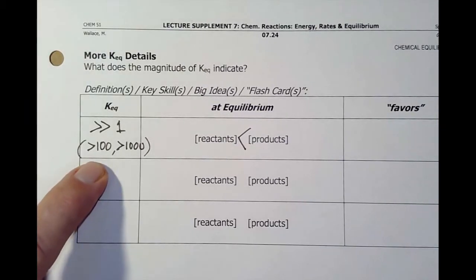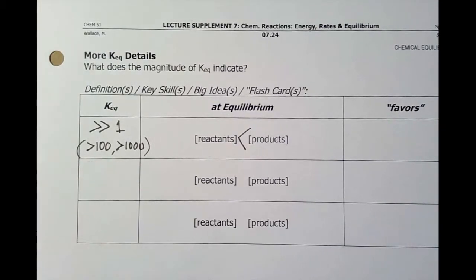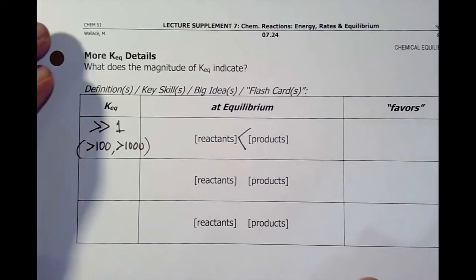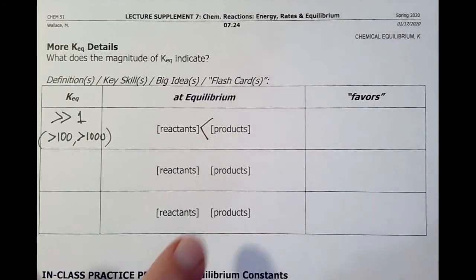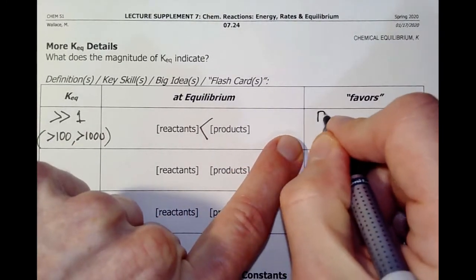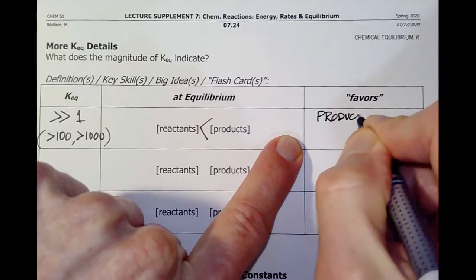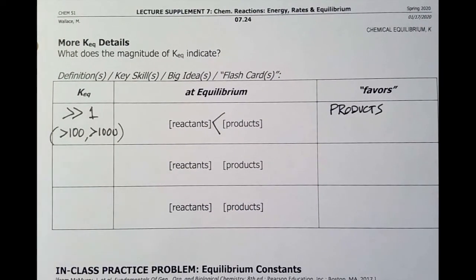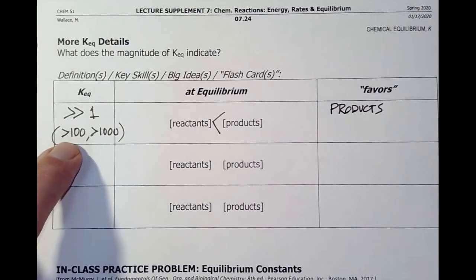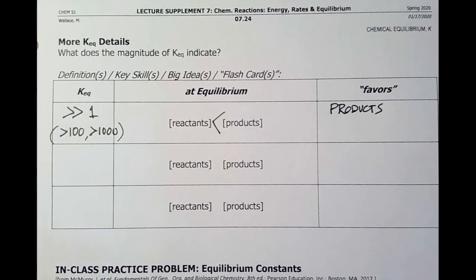If it gets way up, bigger than 100, bigger than 1,000, then we can start to say, you know what, it's all products. If it's bigger than about 1,000, we say it not only favors the products, that's really all it makes.